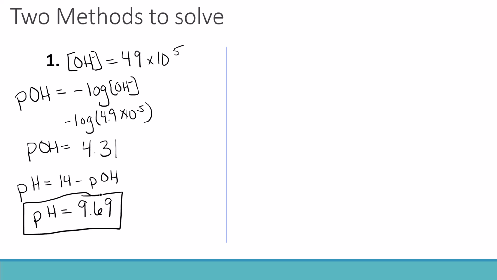There is another path to solving this, and you could use that Kw equation where the hydroxide concentration times the hydronium concentration equals 1.0 times 10 to the negative 14.